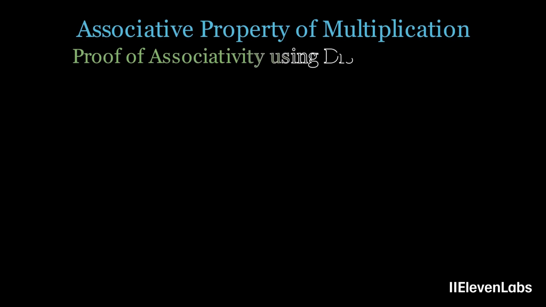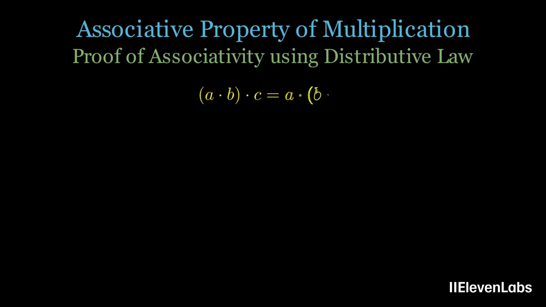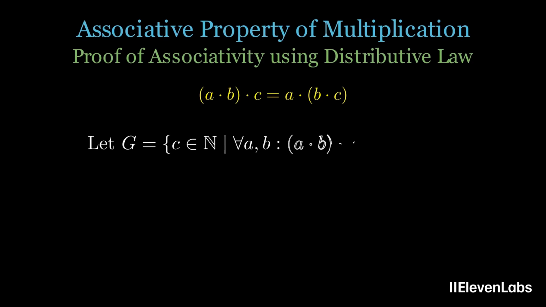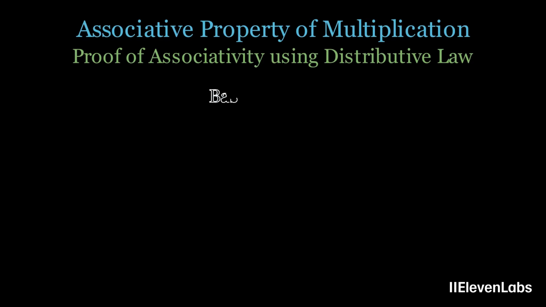Proof of the associative property of multiplication of natural numbers using distributive law of multiplication over addition. Let G be the set of natural numbers c, such that the proposition holds true for all natural numbers a and b. First, the base case, when c equals 0.